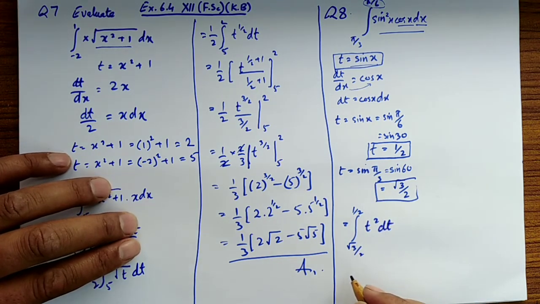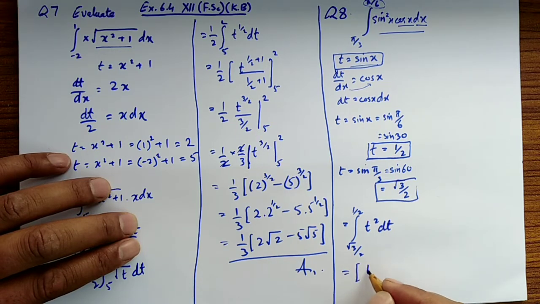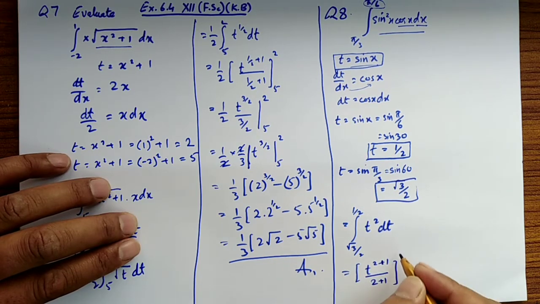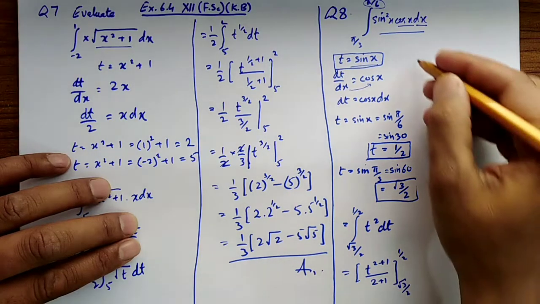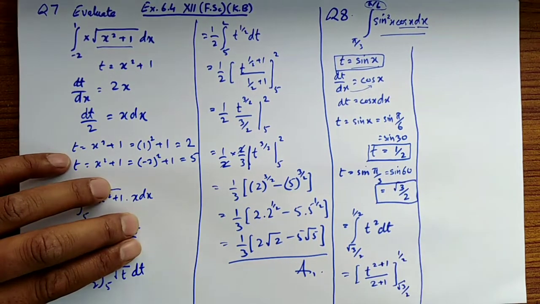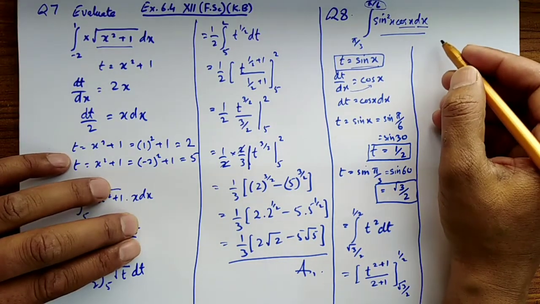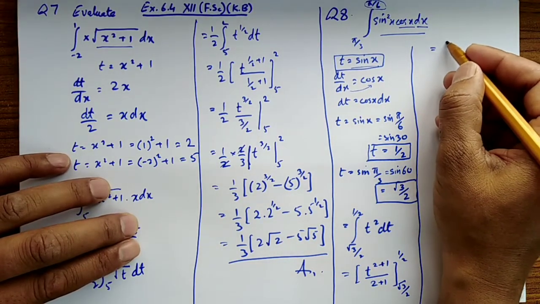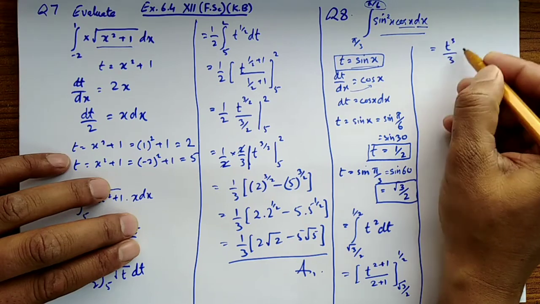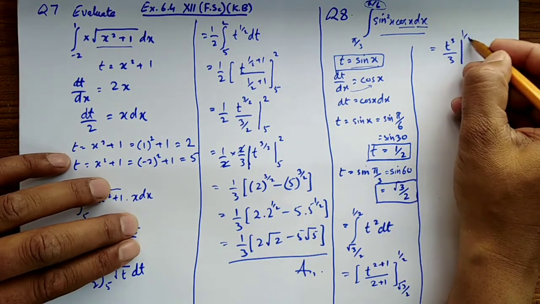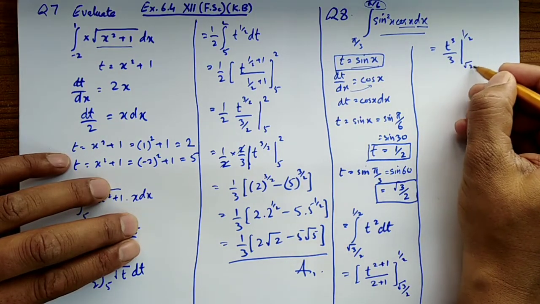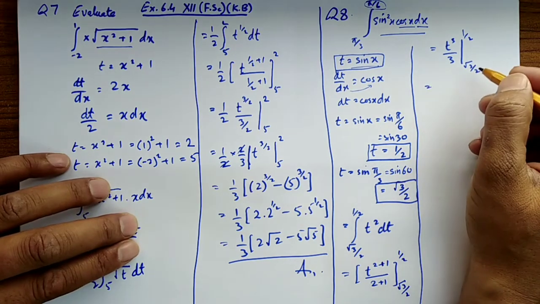Now find the integral, that is t power 2 plus 1 divided by 2 plus 1, with limits 1 upon 2 and root of 3 upon 2. That is now t power 3 upon 3, right?